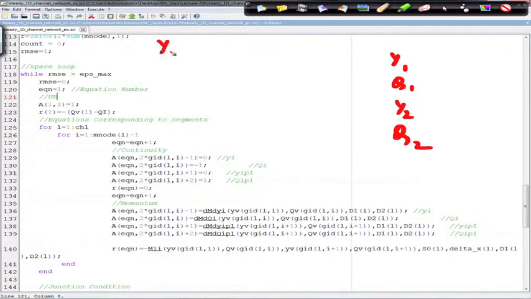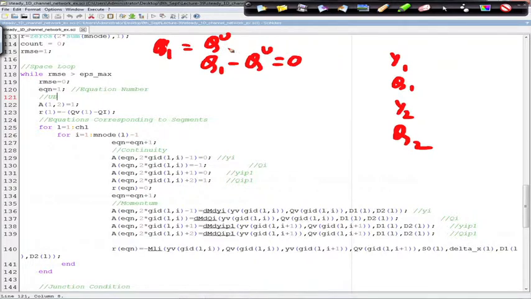If our q1 value is specified directly, we can say that this is q1 minus q, some upstream location.